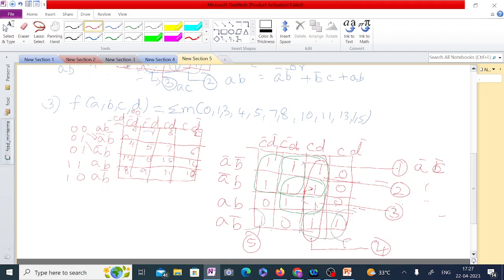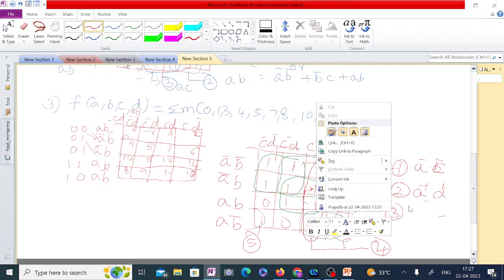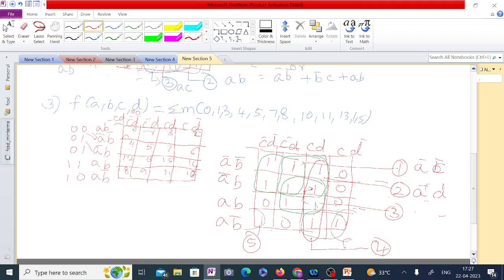A bar, C bar. Next one would be A bar, D. Second one is A bar, D. The third one would be B, D. And fourth one would be C, D.